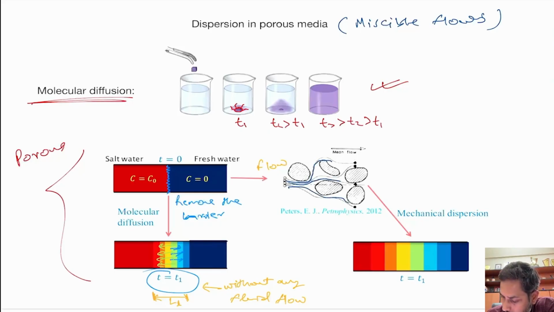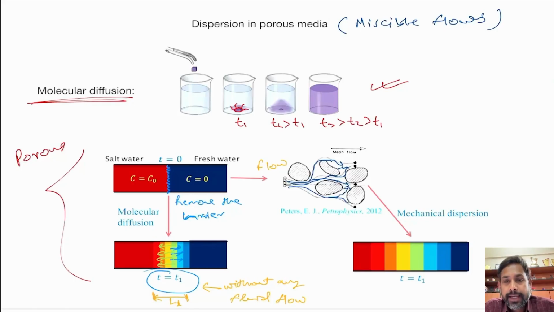These streamlines go and hit each other. The hitting of these streamlines with each other works like a mechanical energy, a release of mechanical energy due to the solid particles in the porous medium.